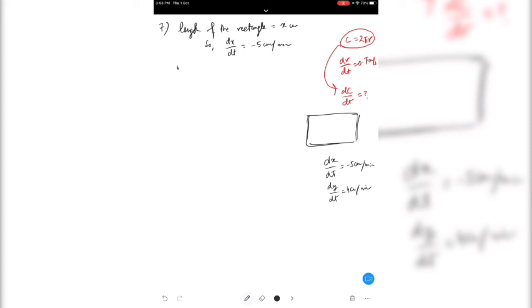Then width of the rectangle is equal to y centimeter. So dy/dt is equal to 4 centimeter per minute. Yes or no? We got these two values. Then what it says, x is equal to 8 centimeter and y is equal to 6 centimeter. So these things are given.